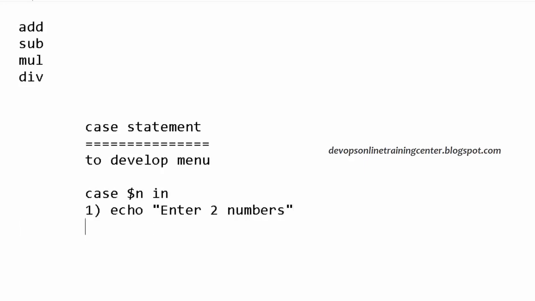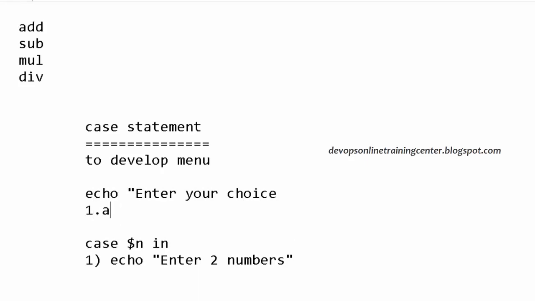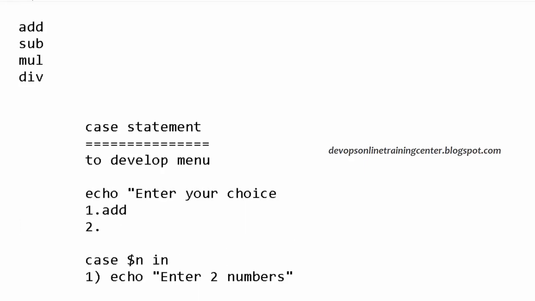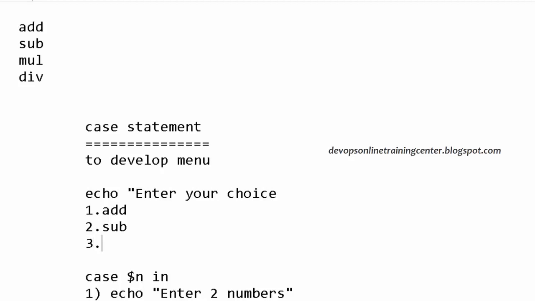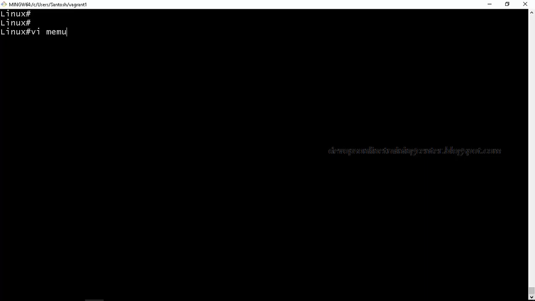Then, first we need to give a print statement, something like echo enter your choice. Okay, 1 for addition, 2 for subtraction, 3 for multiplication, 4 for division, like this, right? Then he enters something. Okay, we just develop a script that will develop a menu for the user.